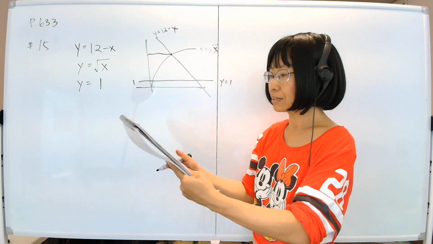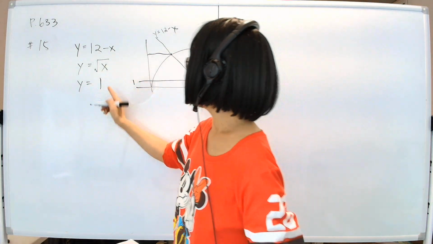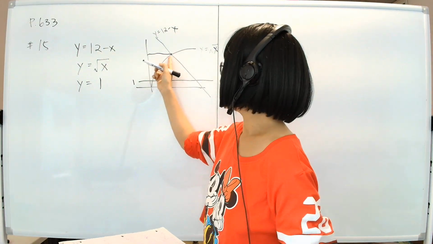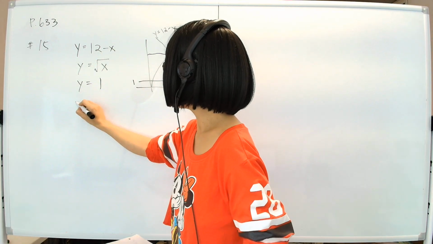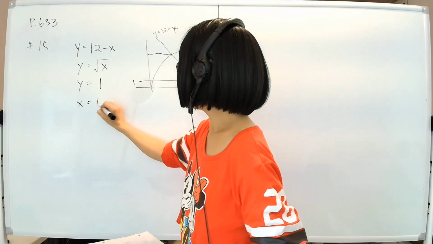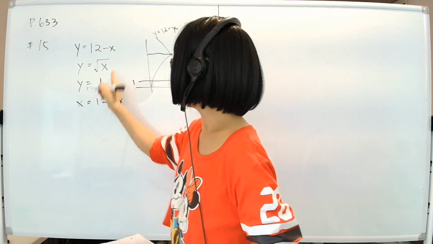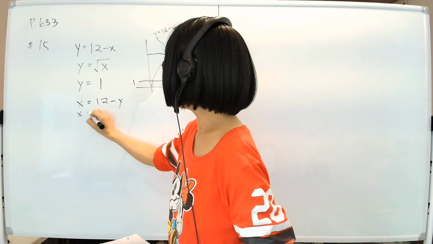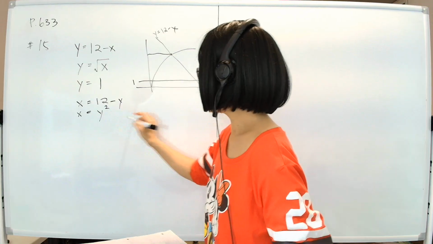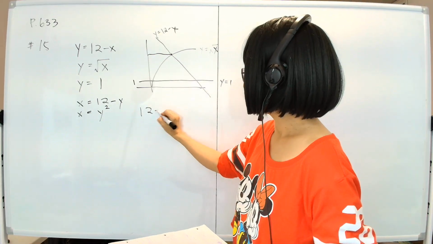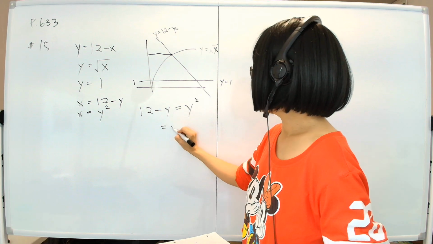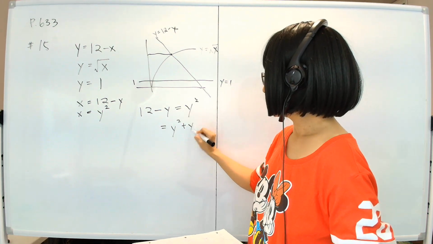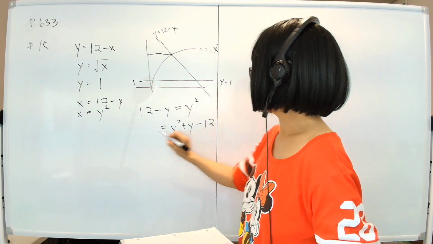To figure that out, we'll solve for x out of these 2 equations. The first equation becomes x equal to 12 minus y. The second equation becomes x equal to y squared. And when you set these 2 equations together, 12 minus y equal to y squared, which means y squared plus y minus 12 equal to 0.